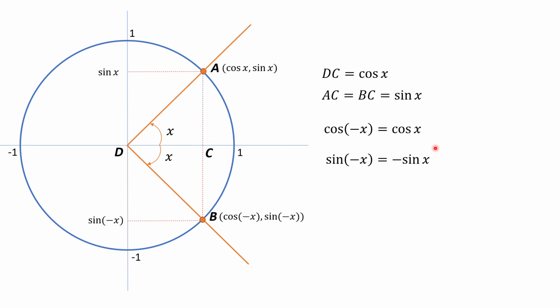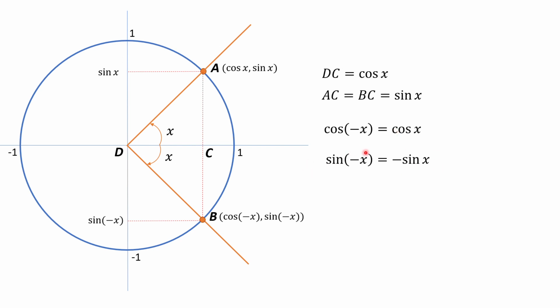So if you have an even function f, f of minus x equals f of x. That's the definition of an even function. So cosine is an even function. Other even functions are power functions with even power, like x squared, x to the 4th power, x to the 6th power, x to the 8th power, and so on.